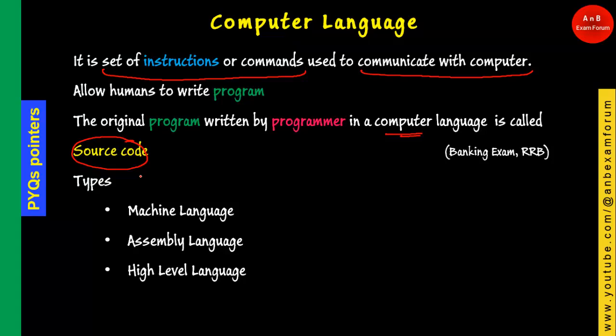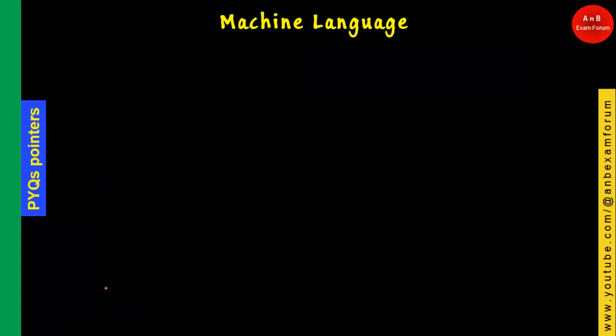There are three types of language: machine language, assembly language, and high level languages. All these languages need some language translator, which is a system software that we are going to see in the upcoming slides. So the first one is the machine language.